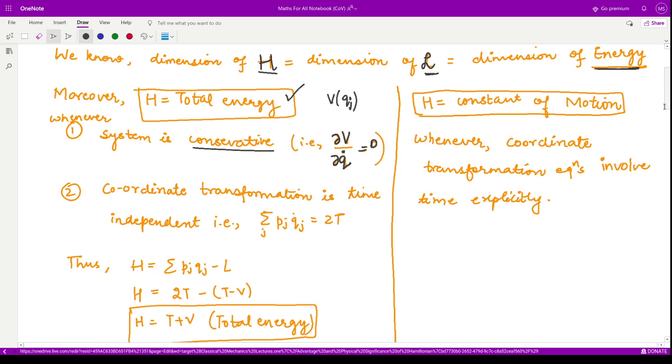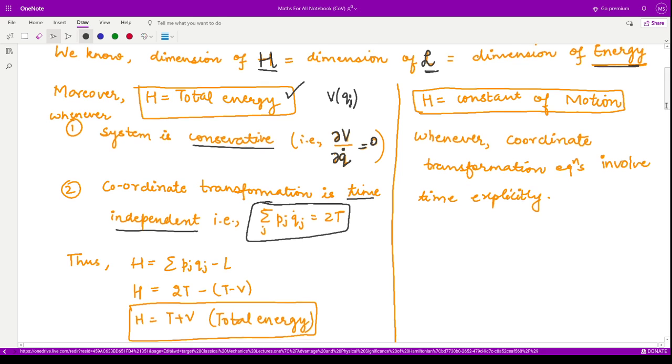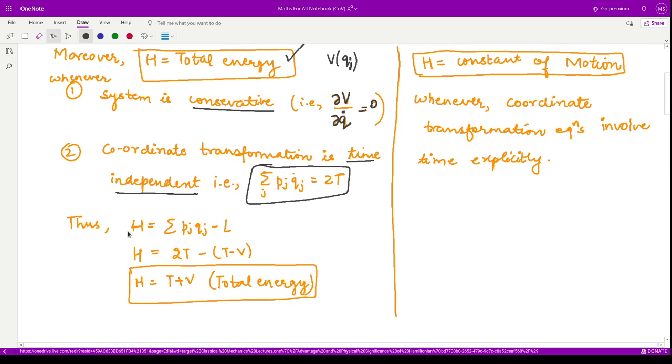Moreover, when we apply a coordinate transformation that is time independent, this quantity is equivalent to 2T. So what does this represent? Our Hamiltonian equation was summation over j pj qj dot minus L. When our coordinate transformation is time independent, this quantity becomes equivalent to 2 times the kinetic energy, so this is 2T.